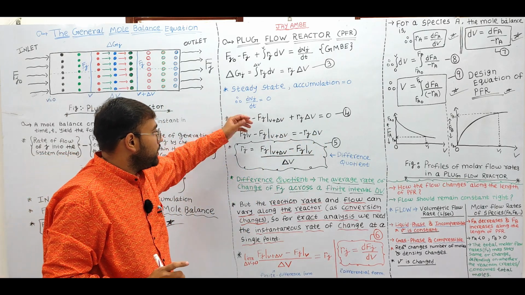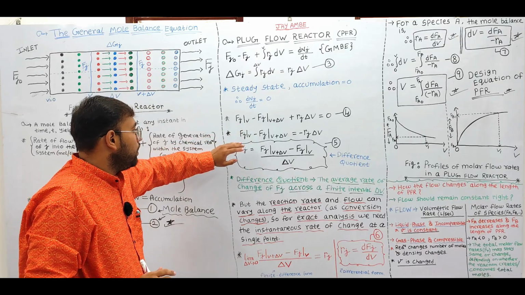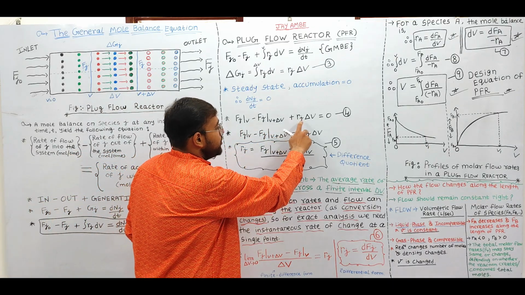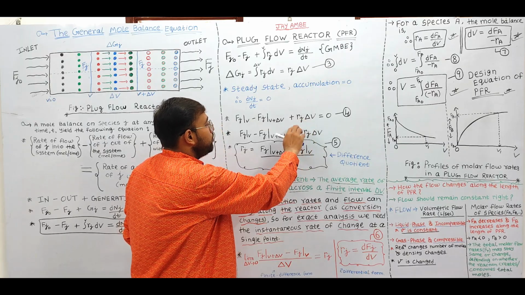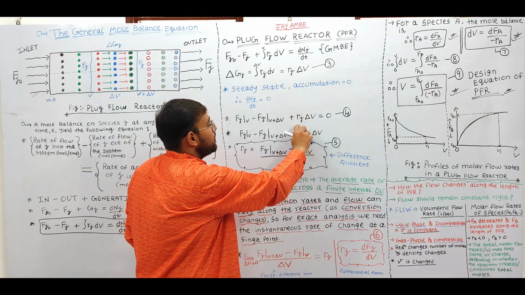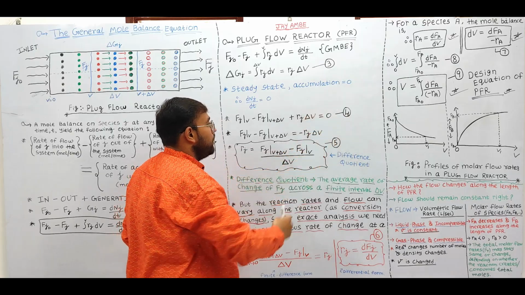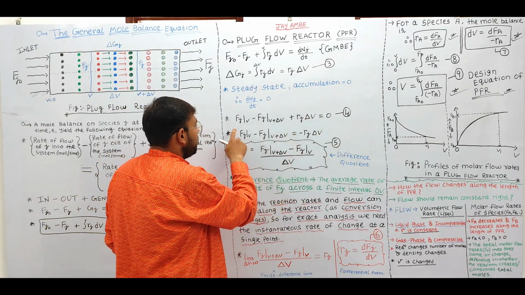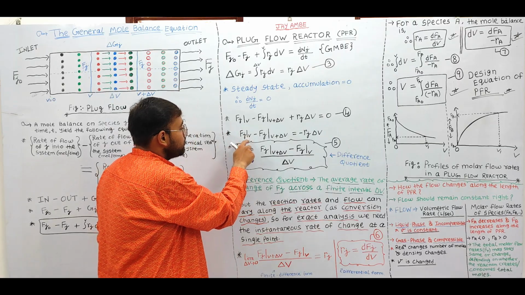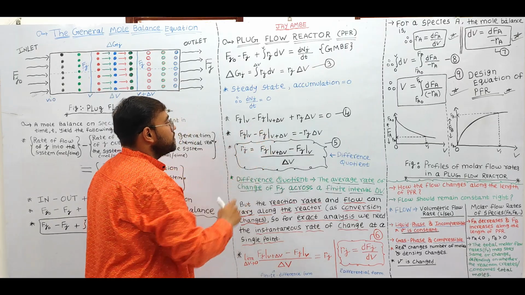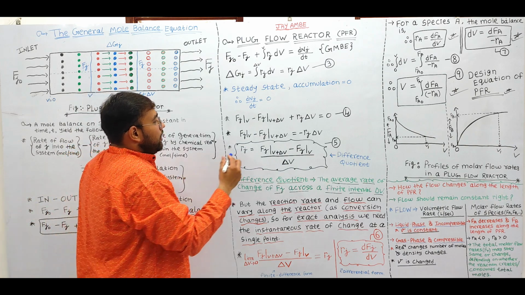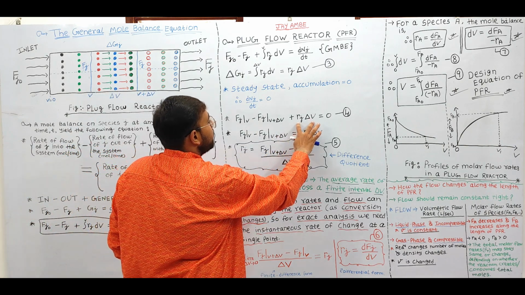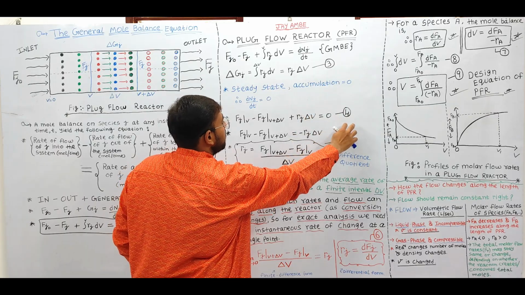Now we are trying to rearrange equation 4 and make the subject Rj into delta V. So we are transferring the Rj into delta V to the right hand side, so the sign will change. We can write Fj at the position of V minus Fj at position of V plus delta V is equal to minus of Rj into delta V, because we have shifted this term to the right hand side.